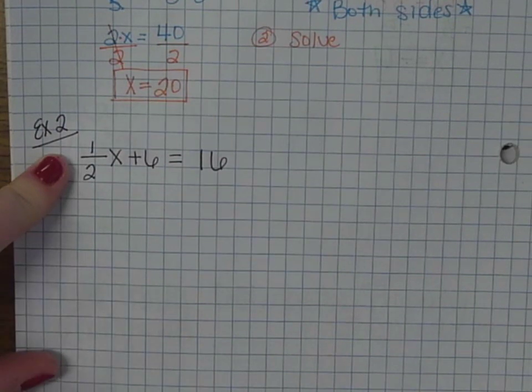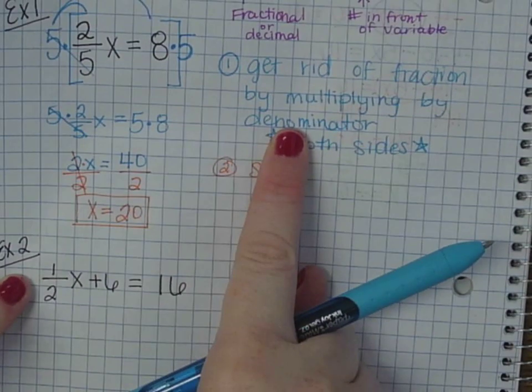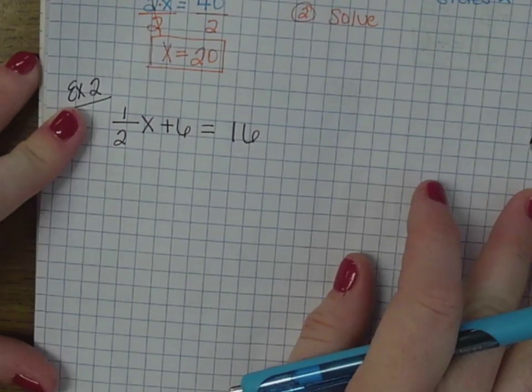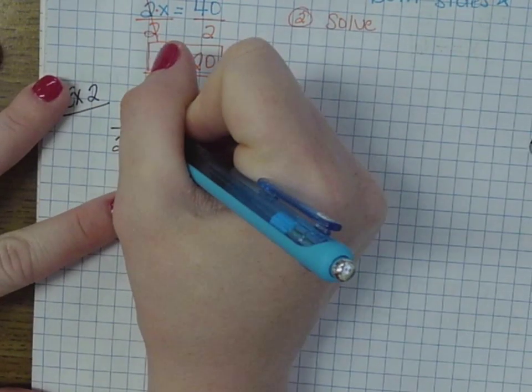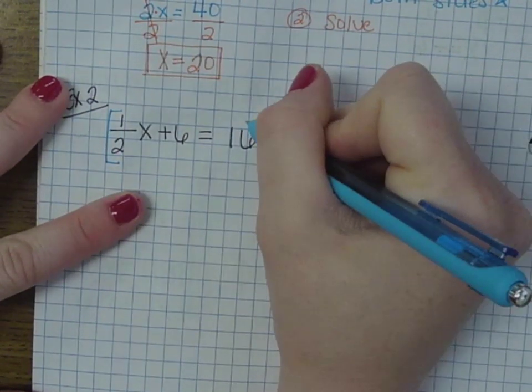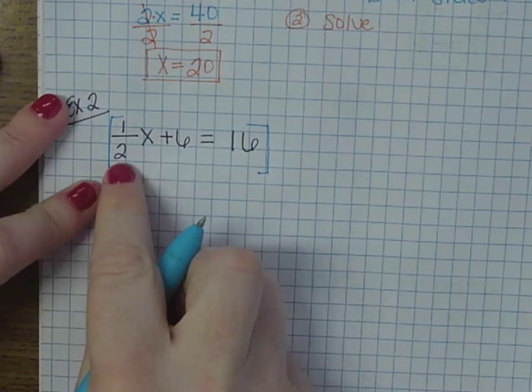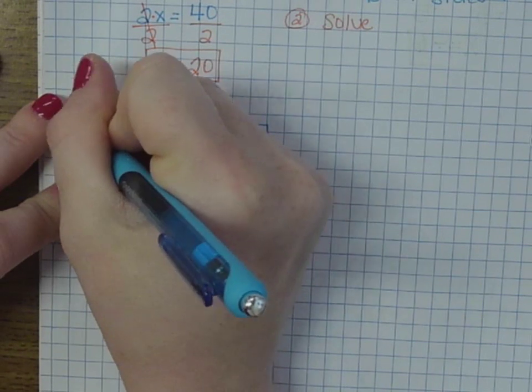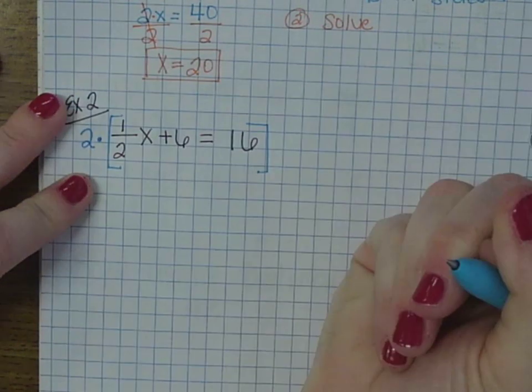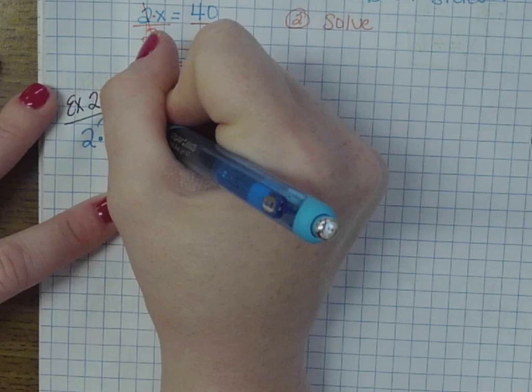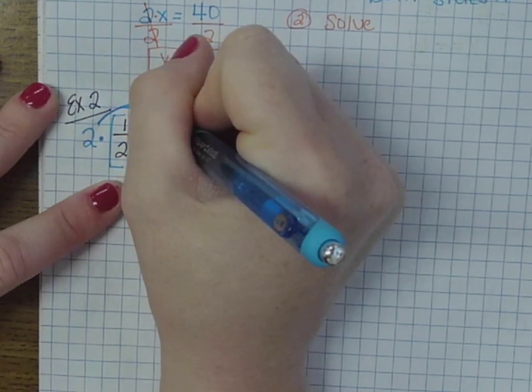So again, do that same step you did up here. Get rid of the fraction by multiplying by the denominator, and you have to do it to everything. I'm going to get rid of the fraction because most people don't like fractions. So the denominator is 2, so I'm going to multiply everything by 2. Multiply it into each part.